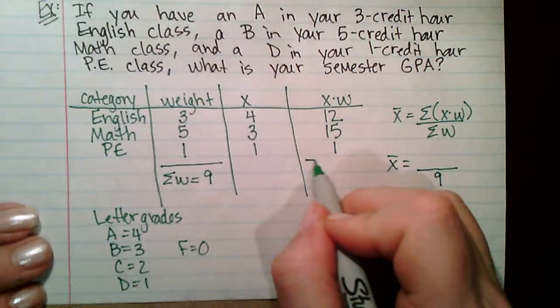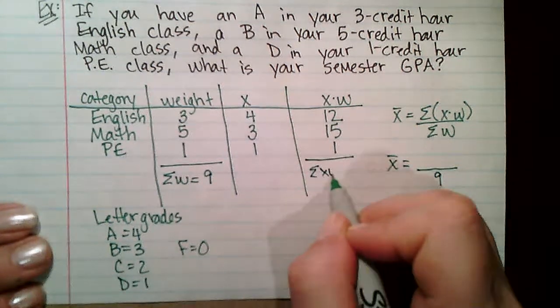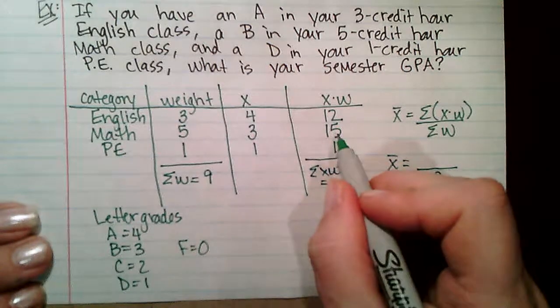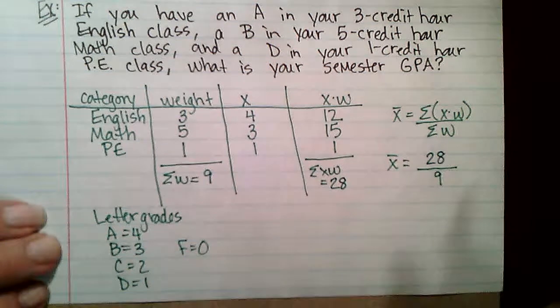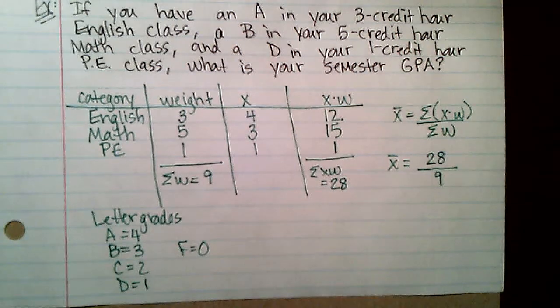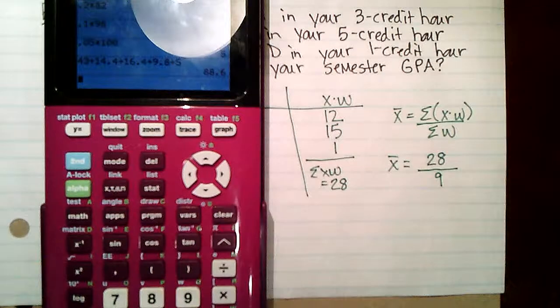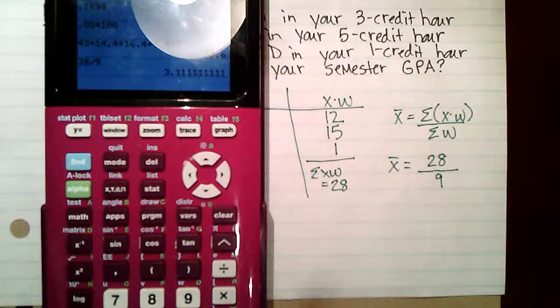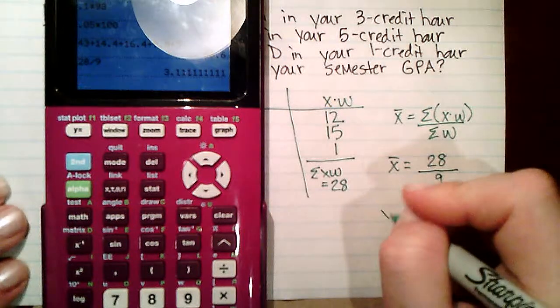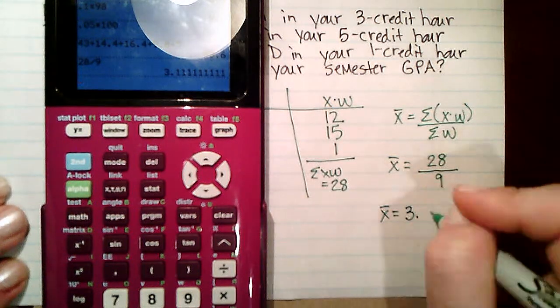And then we're going to add up this column, sum of x times w. So 12 and 15 is 27 plus 1 is 28. So that's how many credit points you earned. But to get your GPA, we have to take the 28 divided by 9. And we're going to get for our GPA 3.1.